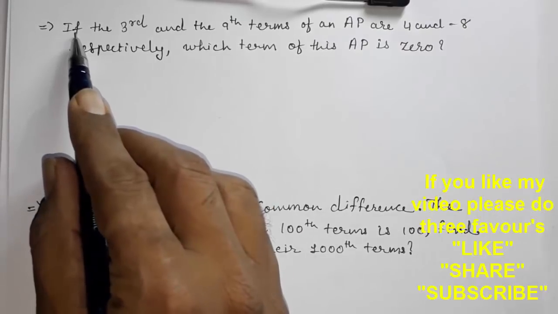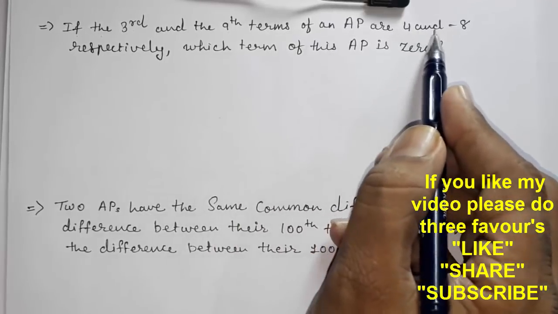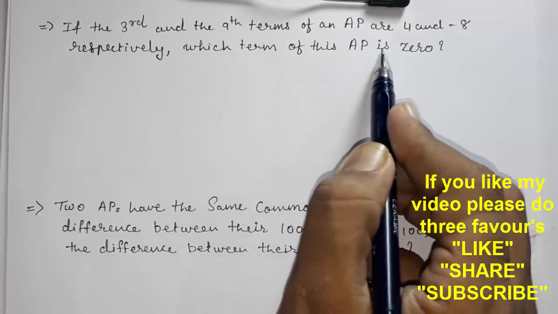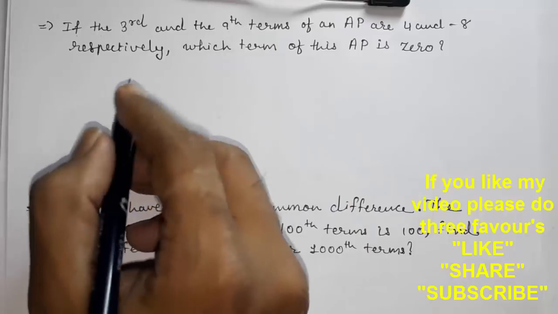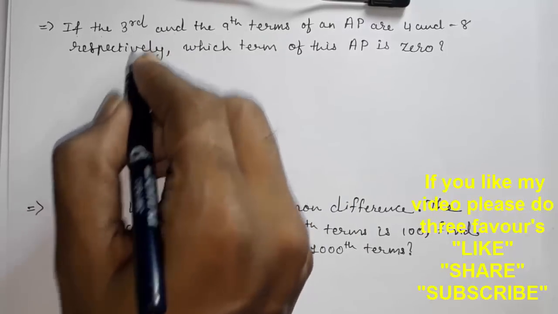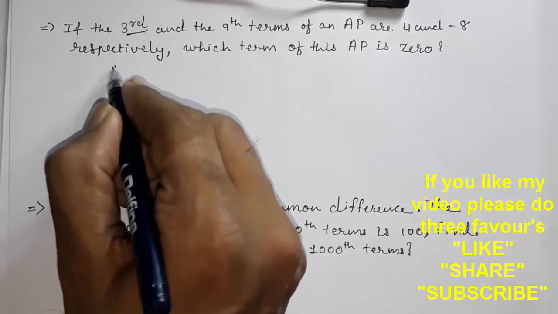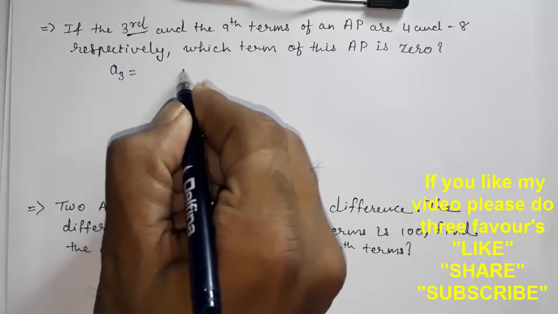Moving towards the next sum: if the third and the ninth terms of an AP are 4 and minus 8 respectively, which term of this AP is 0? So first they told us the third term. What will be our third term? I am showing you a shortcut. a3 will be a plus n minus 1 into d.